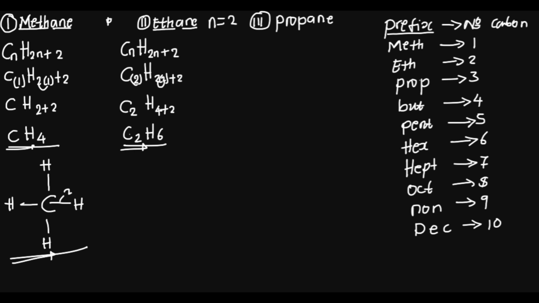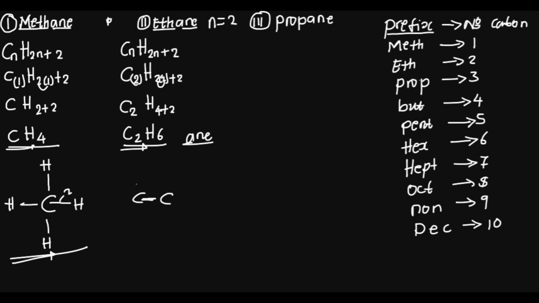Then from there we can move on to the condensed structure. Now look at the number of carbons this time. So we have 2 carbons. So we draw the first carbon and the second carbon. Now remember, we are dealing with ANE. This indicates that we are going to have one single bond between the 2 carbon atoms.